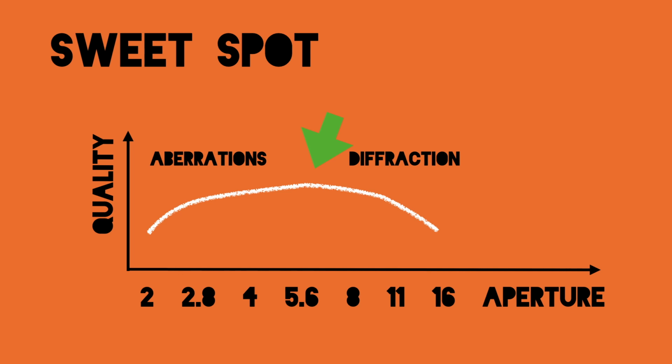So there is a point in the middle where the lens gives the best result, and that's called a sweet spot. So you can read about your lens, or even better, try your own sample of the lens and see where it produces the best technical quality.